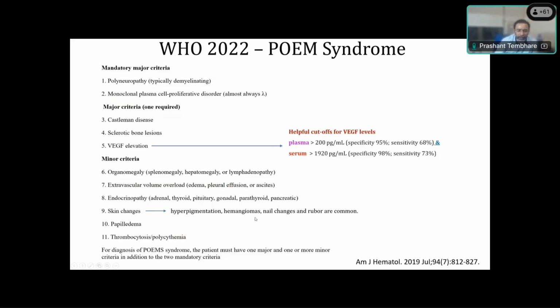Skin changes, hyperpigmentation, MGUS, nail changes, papilledema, and thrombocytosis are all minor criteria. For final diagnosis, the patient must have both mandatory criteria, then one major and one or more minor criteria. So this is how to diagnose POEMS syndrome.